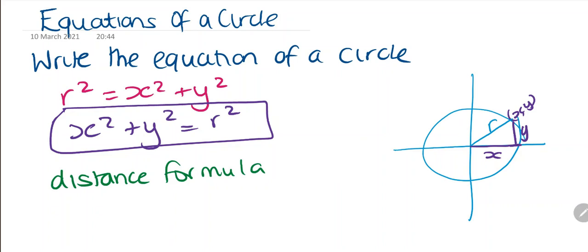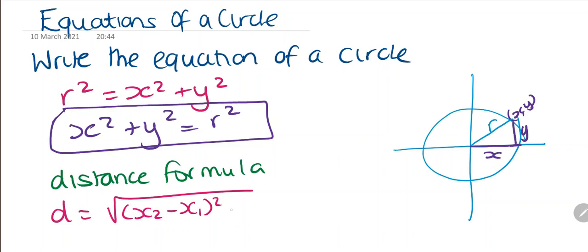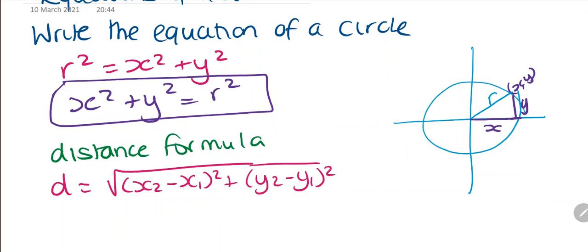So we have the distance formula, which is going to be the root of our x2 minus x1 coordinate squared plus our y2 minus y1 coordinate squared. So this can be our distance from our center to this point here. So the distance from 0, 0 and our point xy, whatever we're given.